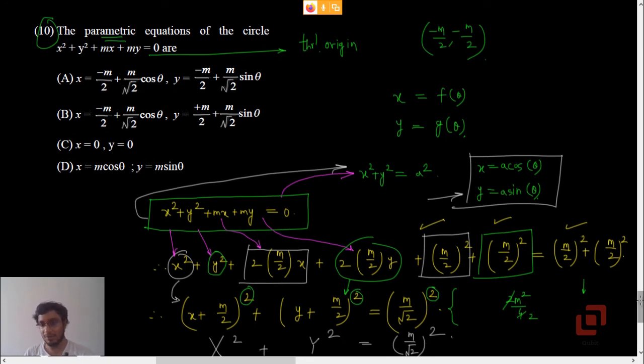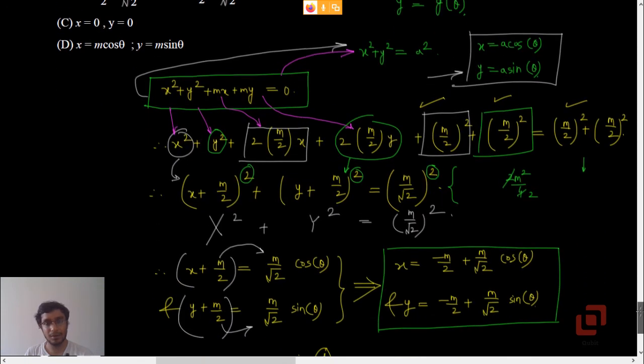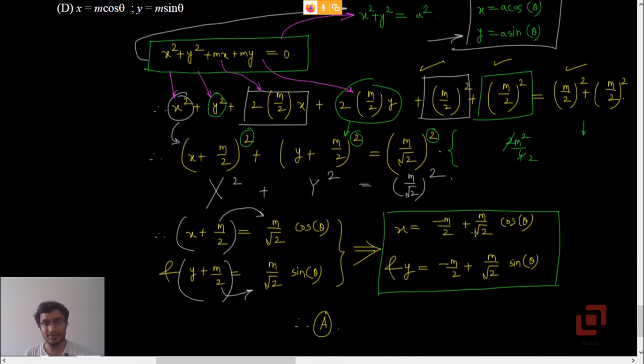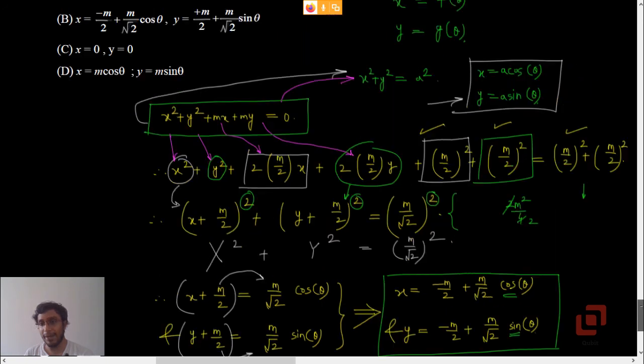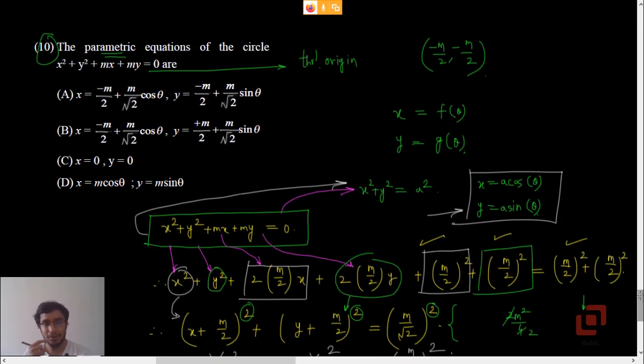I hope you understood all these things. x is negative m by 2 plus m by root 2 cos theta, and y is negative m by 2 plus m by root 2 sin theta. And if you go back to the options, it is only option A that includes those equations.